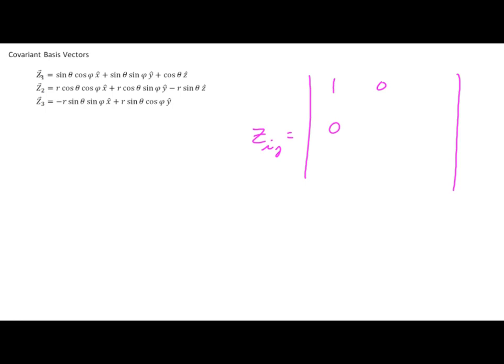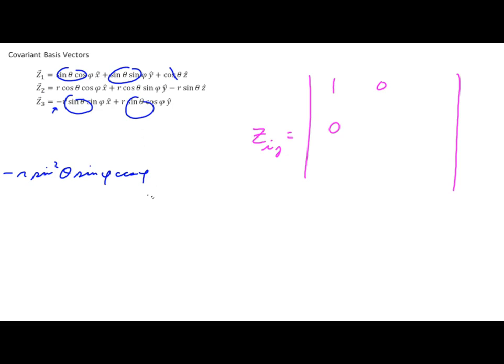Next, we'll take the dot product of z1 with z3. That means this term times this one plus this term times this one. There's no z term here, so this doesn't have any effect. All right, we have r sine squared theta sine phi cosine phi, and it's negative because of this.